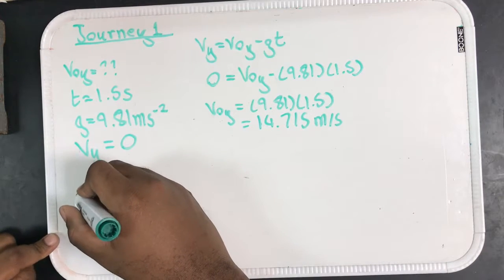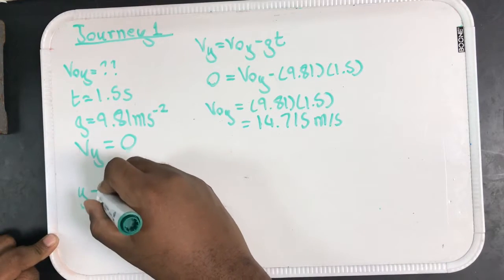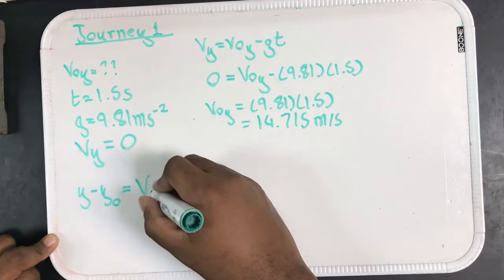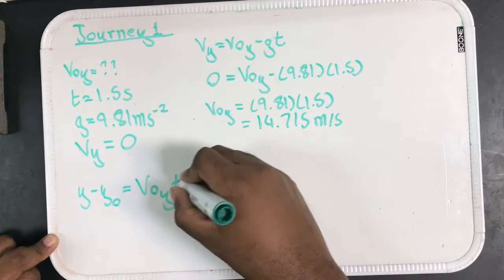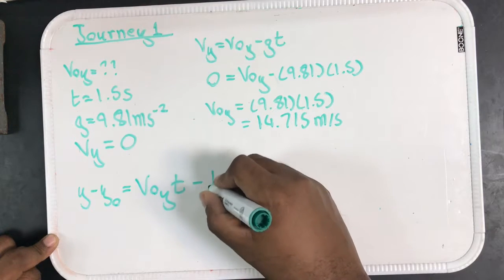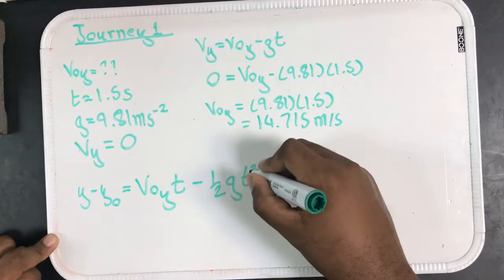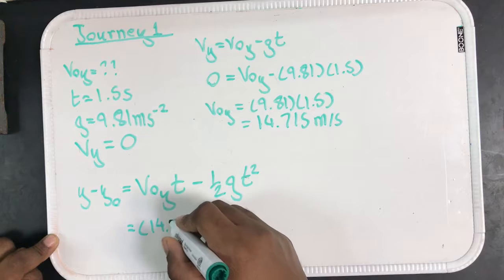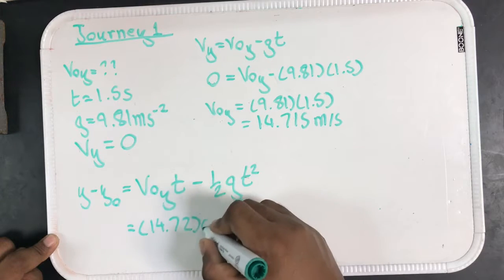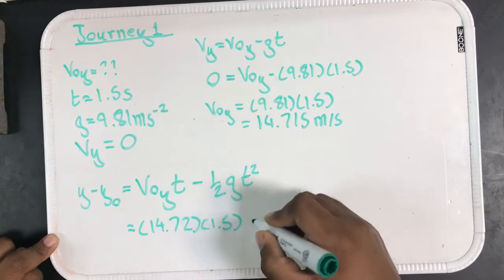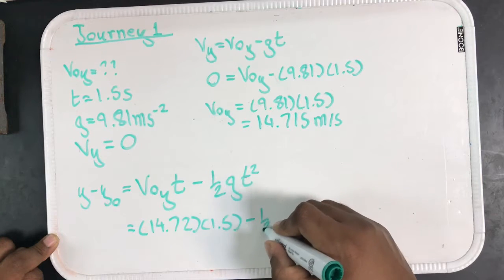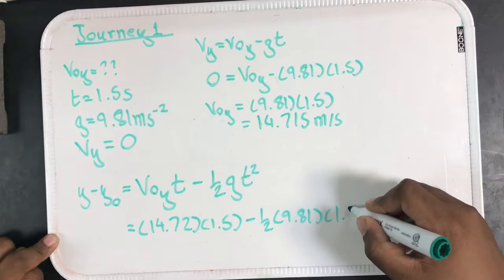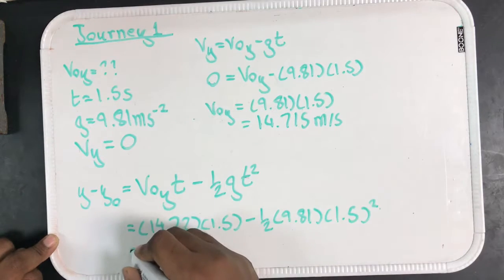So we can also use this equation. The change in displacement is equal to the initial velocity in the y times the time minus 1/2 gt squared. So filling this out, I get 14, I'm going to round that, 14.72 times 1.5 minus 1/2 times 9.81 times 1.5 squared.